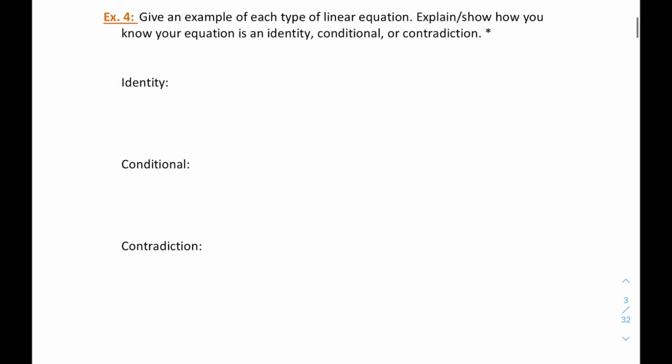So if I was going to give an example of each one of these, I could do the identity. Well, I'm going for 2x here. 2x plus 4 equals 2x plus 4. I could write a conditional equation like 2x plus 4 equals 8.